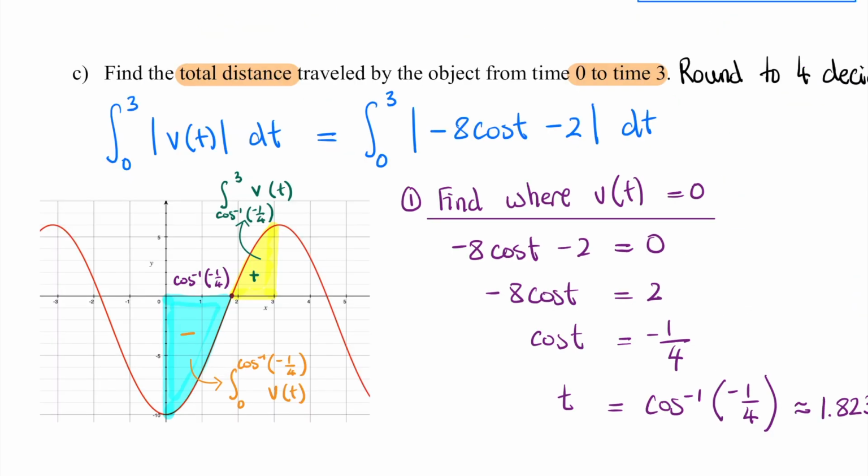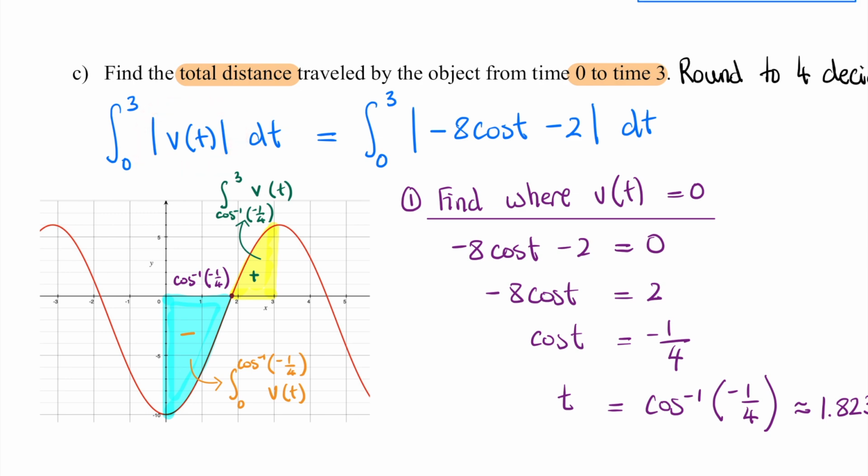So the integral from 0 to cosine inverse of negative 1/4 is negative. The integral from cosine inverse of negative 1/4 to 3 is positive. In this problem, I want the total distance. And I want the integral of absolute value of v of t.